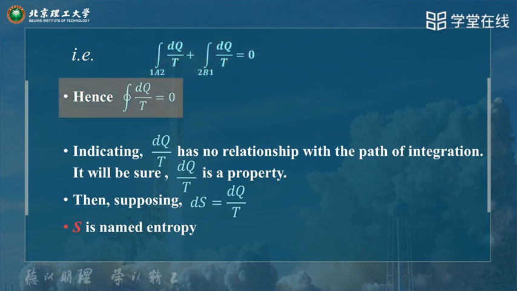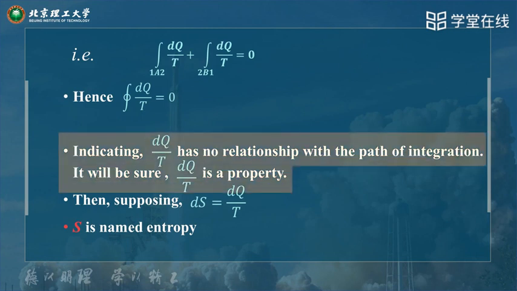Hence, this equation becomes the cycle integration of dQ over T is 0. This equation indicates dQ over T has no relationship with the path of the integration. It is sure that dQ over T is a property.